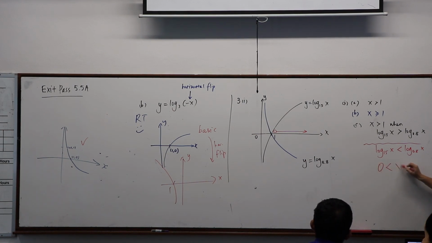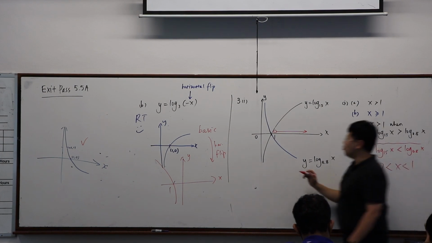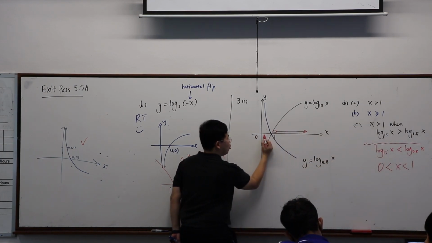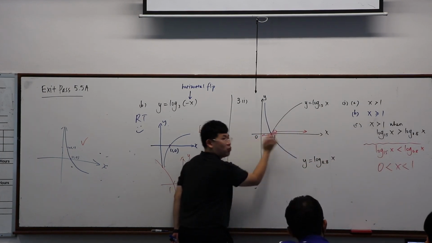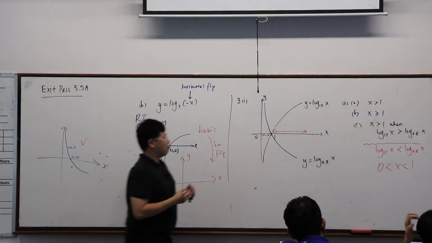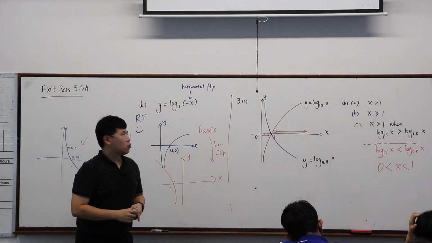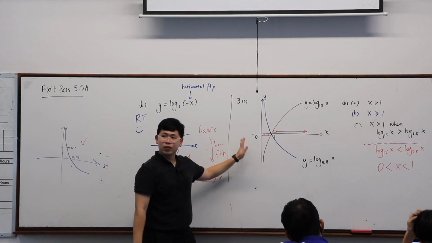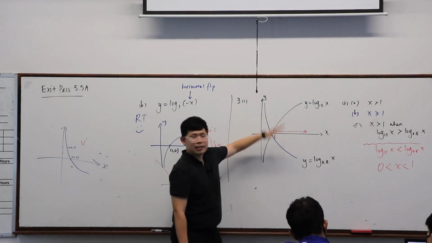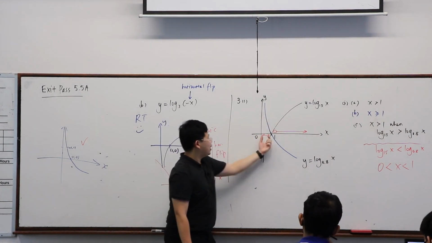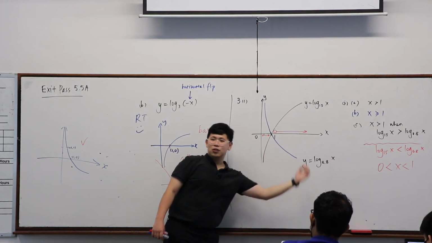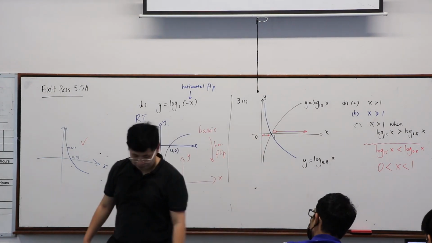So x is in between 0 and 1. If it's the other way around, we are only looking at this region between 0 and 1. So the graphical method is like this. If you get the graph, you look at where it is positive or negative, then you read the corresponding x. It's like your quadratic graph.